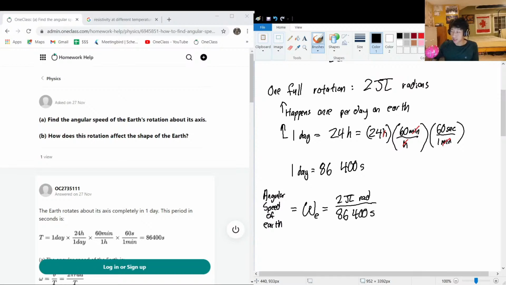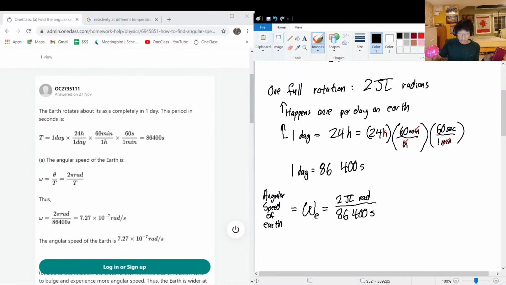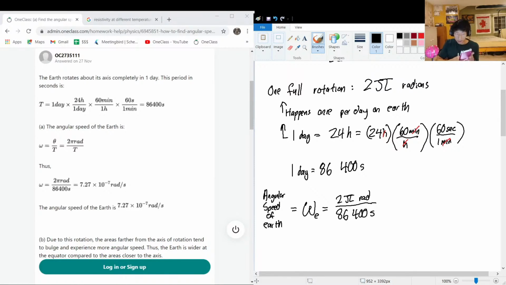That's the amount of radians that we do in 1 day, and 1 day is 86,400 seconds. Dividing that, I'm just going to verify in my calculator: 2 times pi divided by 86,400, and I get precisely the same answer. So we get 7.27 times 10 to the negative 5.